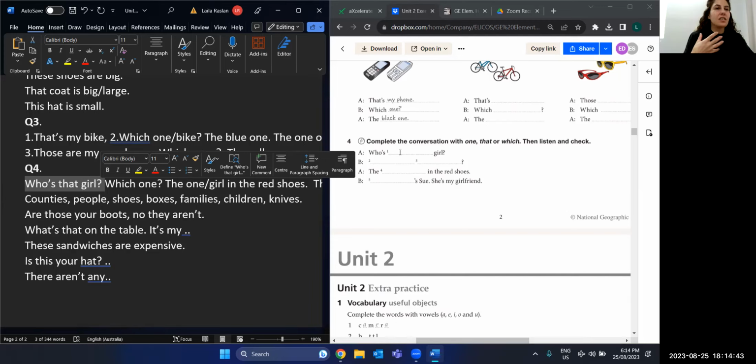The girl, but we don't want to keep saying the girl. So we say the one in the red shoes. And then B says, that's Sue. Because remember, she's far away. Not this is Sue. That's Sue. So it's the same when you're on the phone. Remember last lesson we were doing conversations?